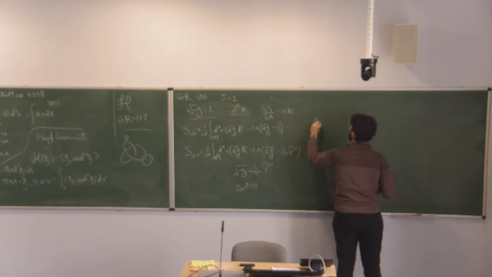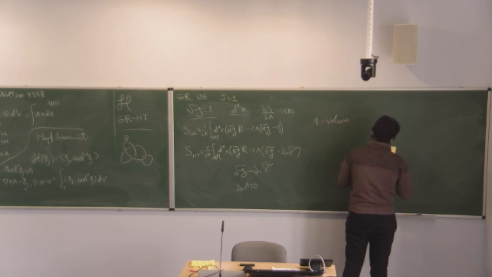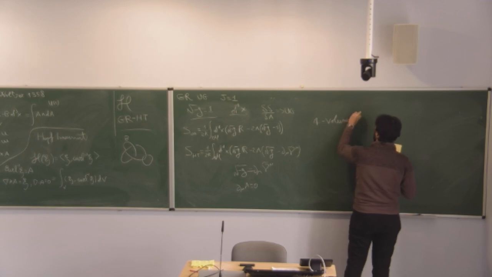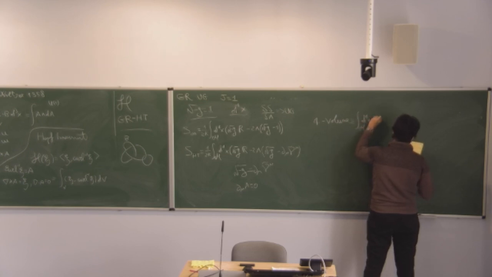the four volume is basically defined as the integral of d^4x root of minus g.